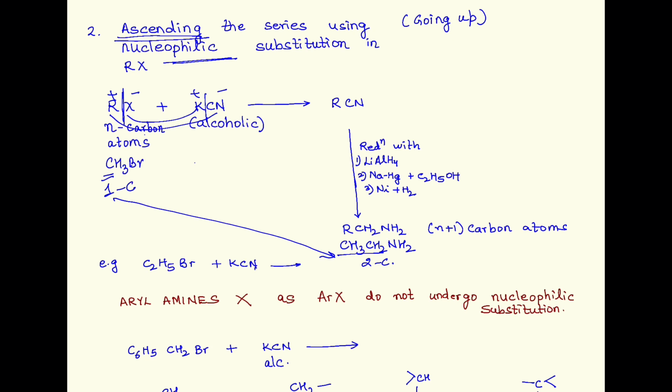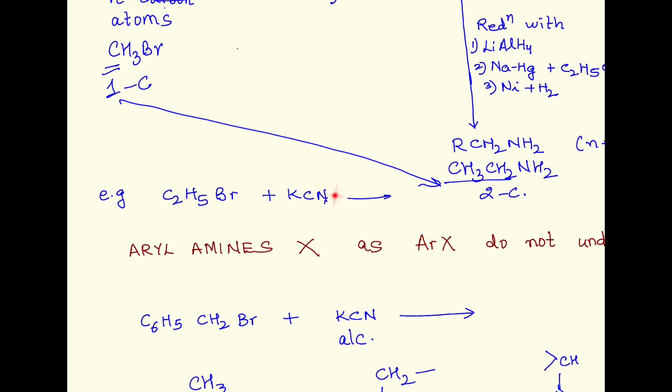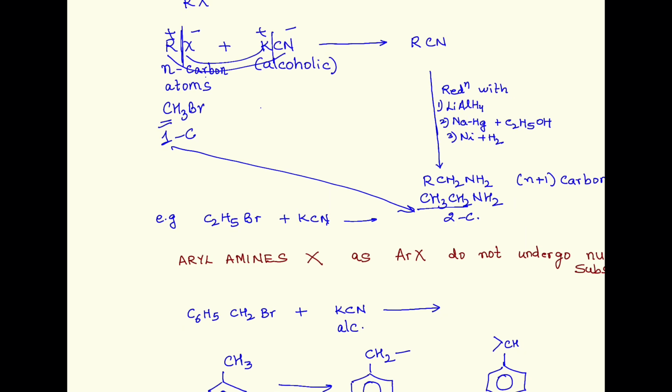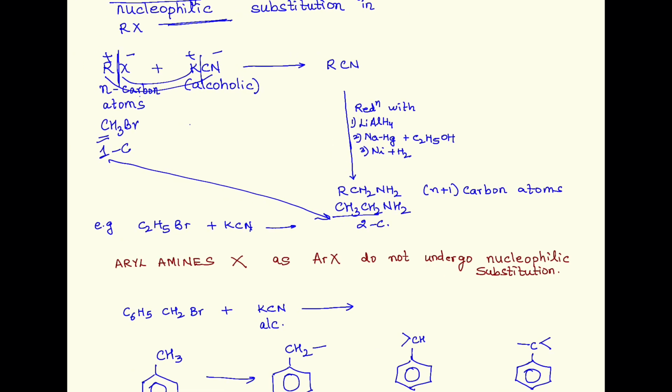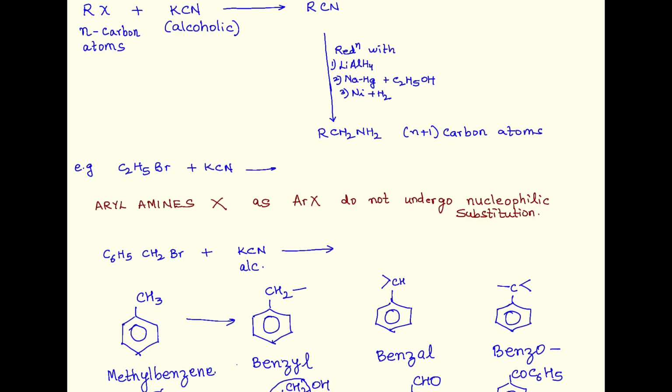So would you like to complete this reaction? C2H5Br plus KCN. What does it give you? And on further reduction, what do you get? Go ahead, try it. Give me the name of the product formed. Have you completed it? So you will get over here C2H5CN. And remember, alcoholic, because your haloalkanes are not soluble in water.